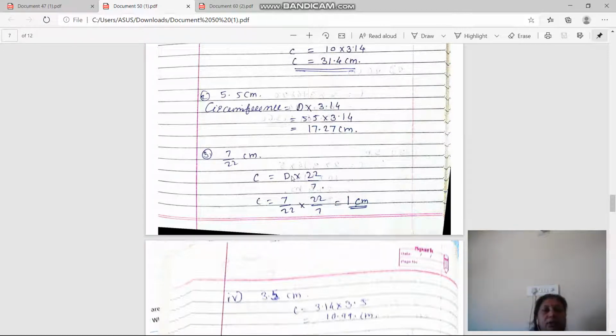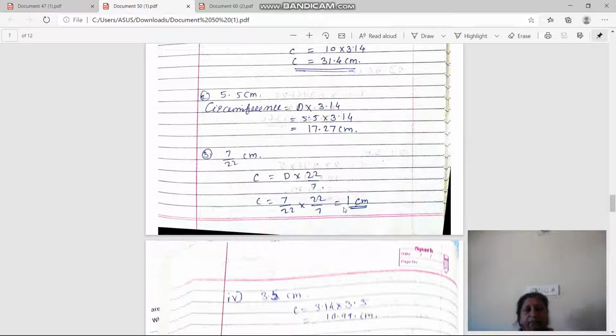So C is equal to D multiplied by 22 upon 7. So D is 7 upon 22, right? So C is equal to, see here it is in the seventh multiple. So instead of taking 3.14, I have taken here 22 upon 7. So it is easy. 7 on the 7, 7 on the 7 and 22 on the 22, 22 on the 22. So circumference is 1 centimeter.